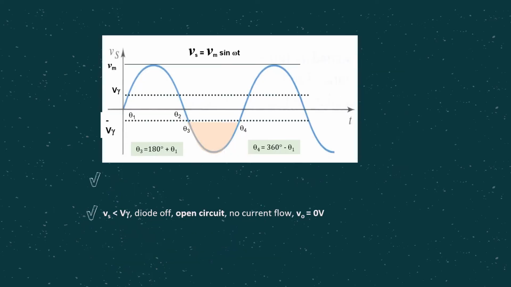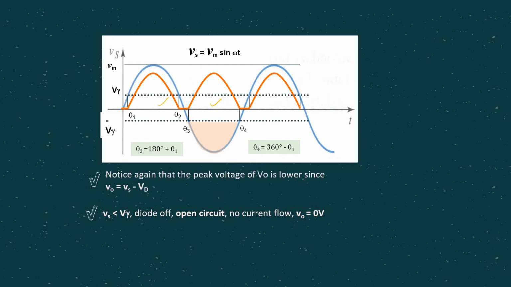For example, this is Vs, the supply voltage. If you consider the output waveform for this full wave rectifier, in the positive half cycle there will be output voltage, and in the negative half cycle there will also be output voltage, because we are getting the same equation, remember?